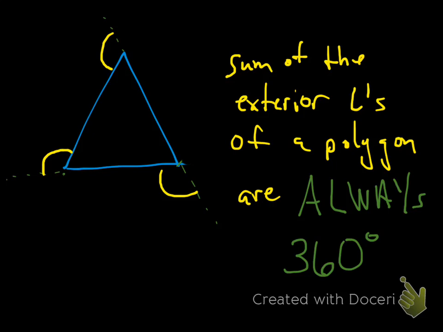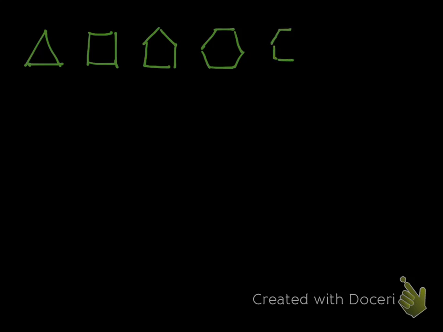Okay, so we start off with a triangle. And I showed some of you guys this in class. So that's three-sided. Then we get four-sided, five-sided. Okay, so that's 6, 7. It's not going to be perfect. Okay, so 8.